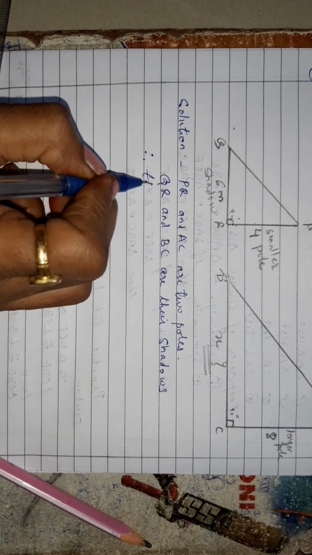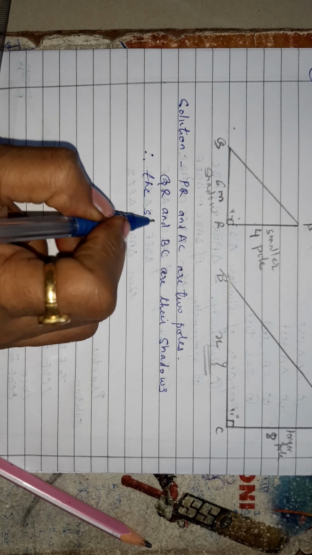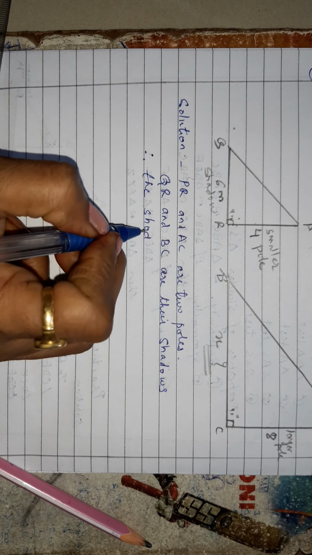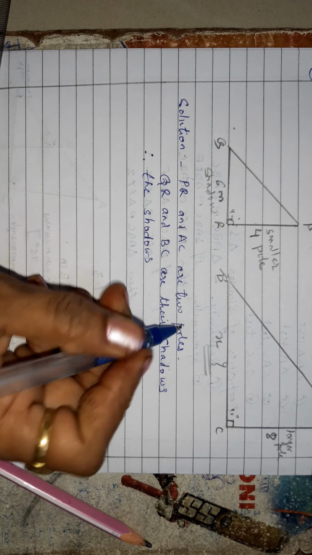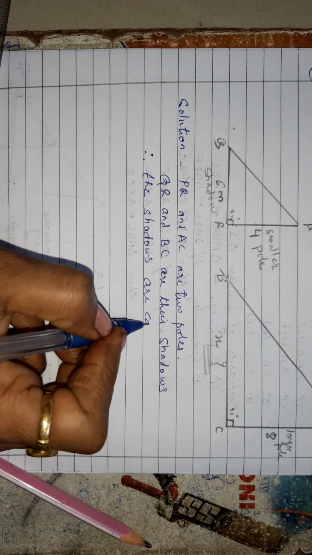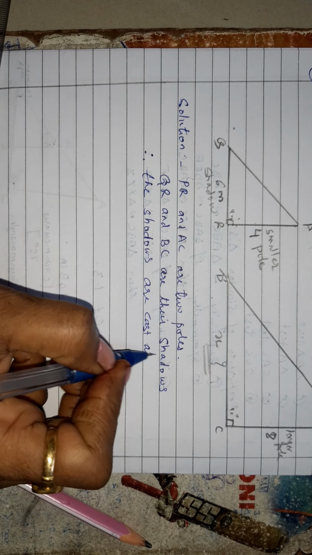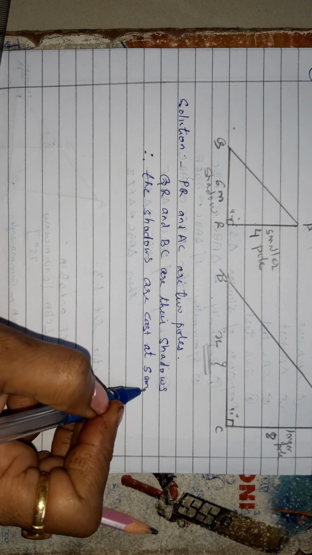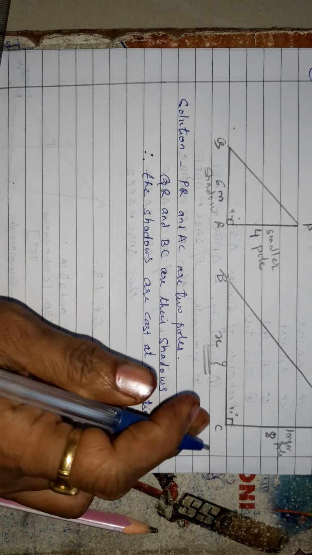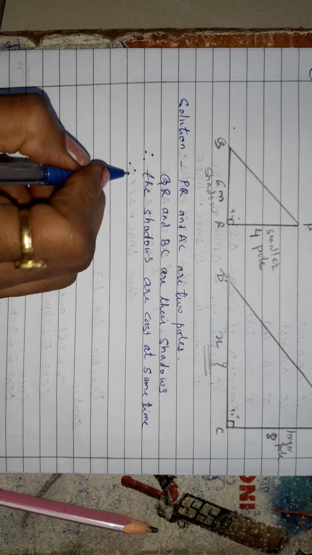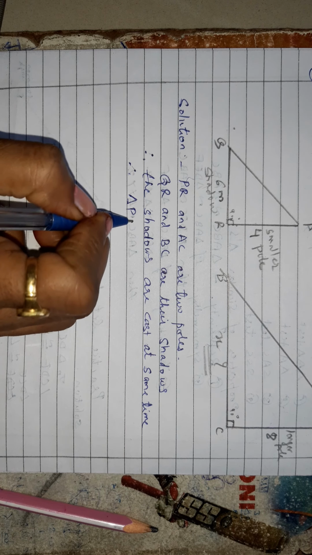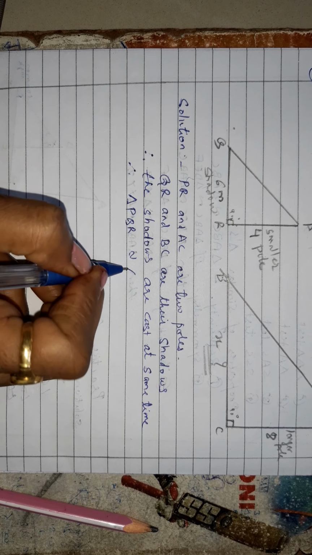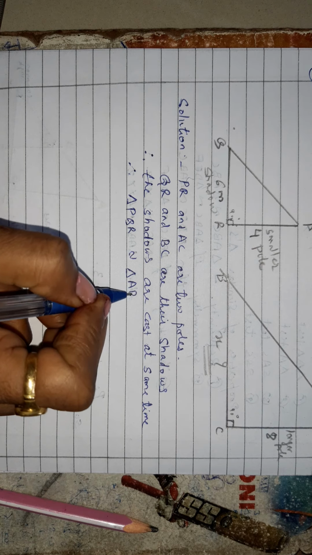Therefore, the shadows are cast at the same time. So triangle PQR is similar to triangle ABC.